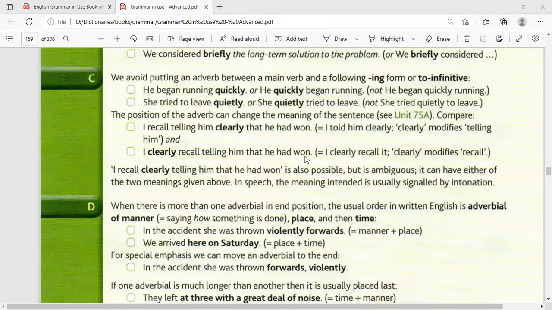Recall. So I clearly recall telling him that he had one. It means I recall clearly telling him that he had one. So it's all okay. Hannah, just a moment.